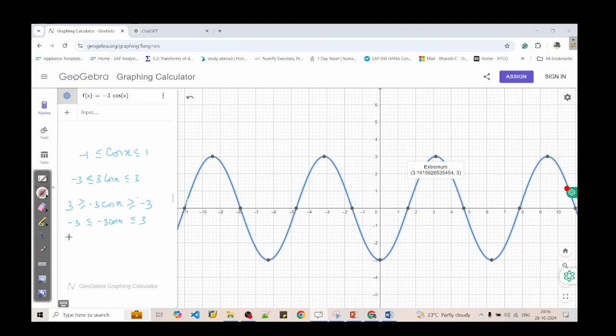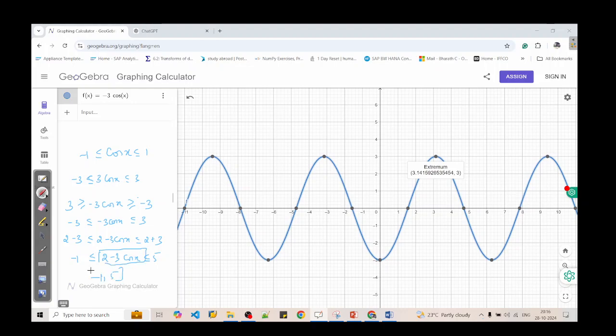Adding 2, we get 2 minus 3 less than or equal to 2 minus 3 cos x less than or equal to 2 plus 3. So this is minus 1 less than or equal to 2 minus 3 cos x less than or equal to 5. So the range of 2 minus 3 cos x is minus 1 to 5.